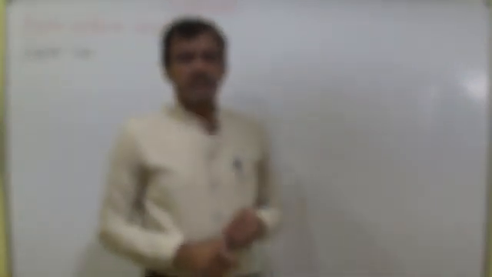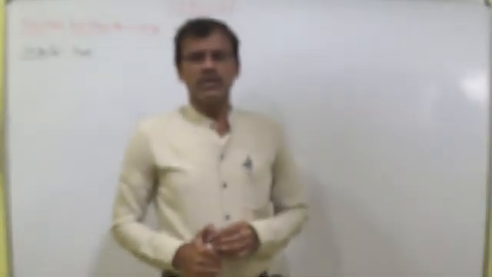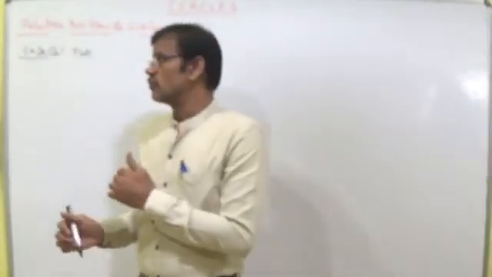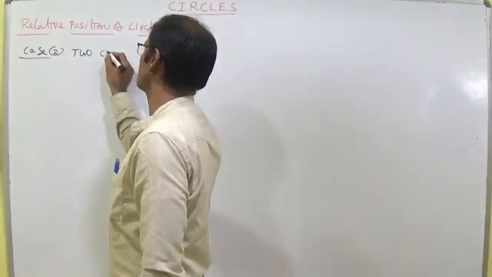Case 1 we discussed as two circles lie outside of the other. Two circles lie outside of each other, we discussed yesterday. Now we are going to discuss two circles touching each other.